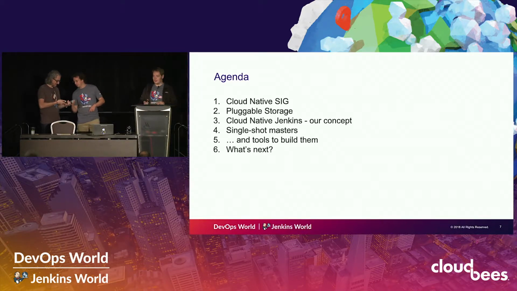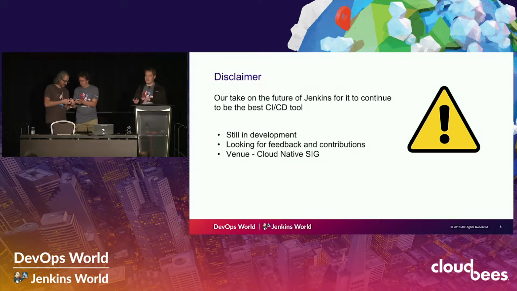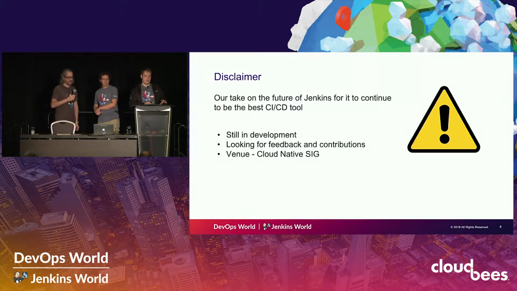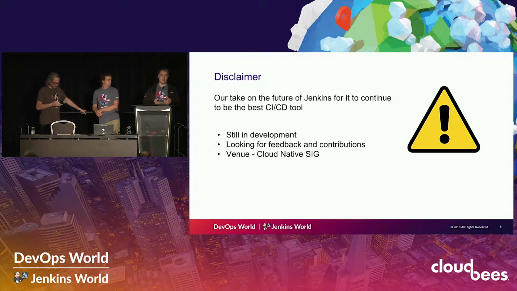No. Okay. Carlos is an organizer of the Cloud Native SIG, and he will present it. Just a disclaimer, what we present today is mostly still under development, so we are looking for feedback, and we are looking for contributors. In the end, we will show how to get involved. And the Cloud Native Special Interest Group, which Carlos will present, is one of the venues for that.